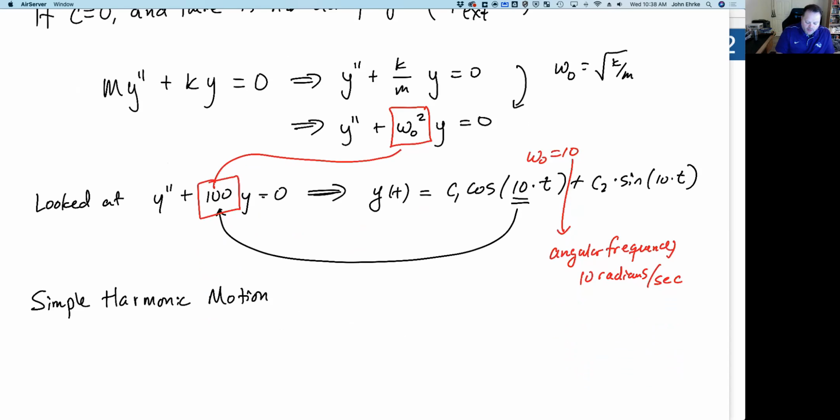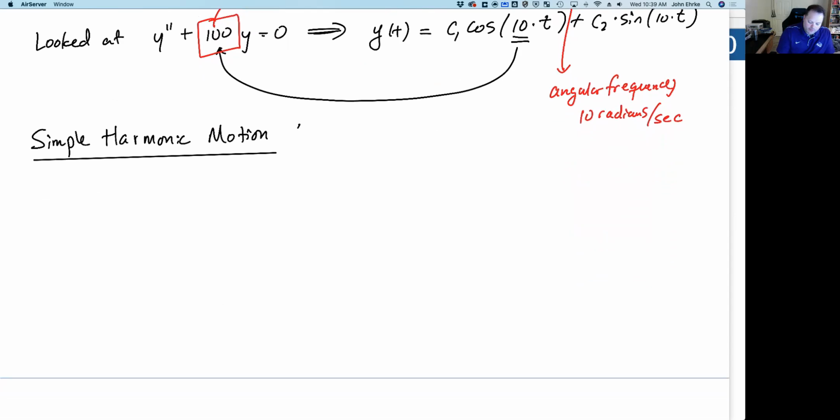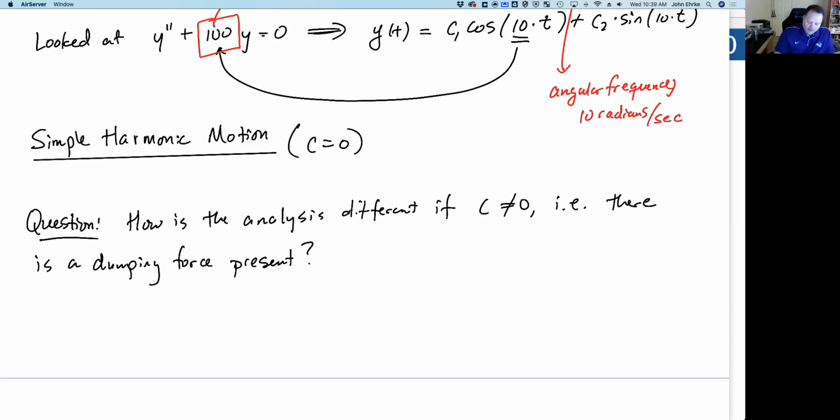And what I want to talk about today are the effects of adding in some sort of damping force. So this is if there's no damping. The immediate question is, how is the analysis different if C does not equal 0, i.e. there is a damping force present?